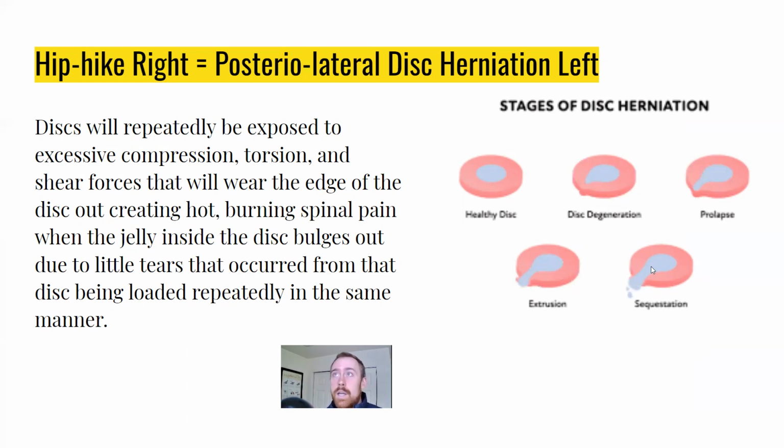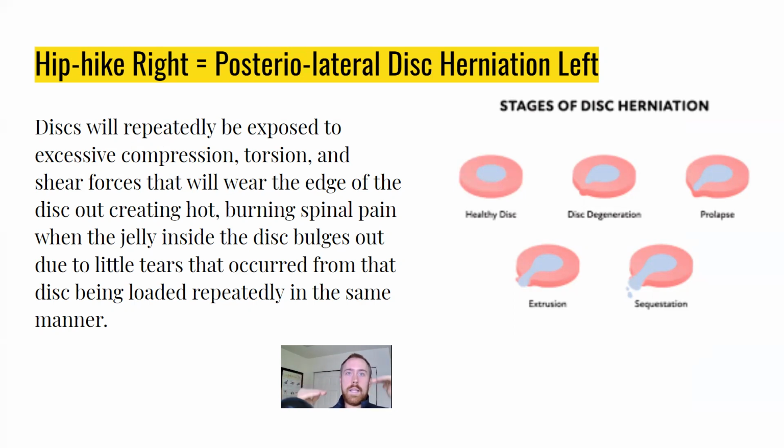Now, what we'll say here is it's really simple to take care of this. You just have to rebalance the spine. You have to take the pressure that's causing that disc to be pushed into that annulus fibrosus, or the outer ring of the donut, off by restoring hip balance, I guess you could say. You get the obliquity out of there.